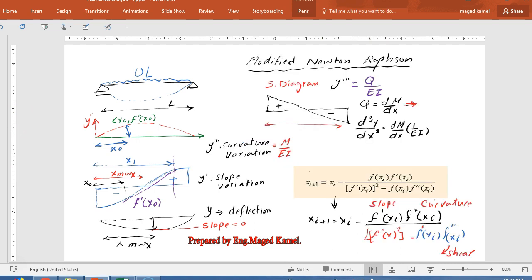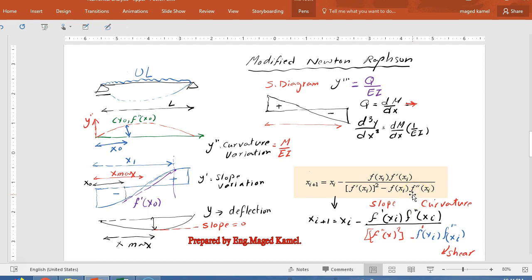While for the modified Newton-Raphson method, we have x i plus 1 equal to x i minus f of x i times f dash of x i divided by f dash of x i all squared minus f of x i multiplied by f double dash of x i.